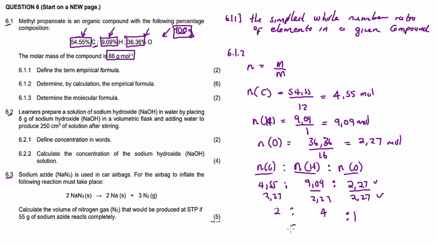So our answer is carbon 2, hydrogen 4, oxygen 1. This is our empirical formula.